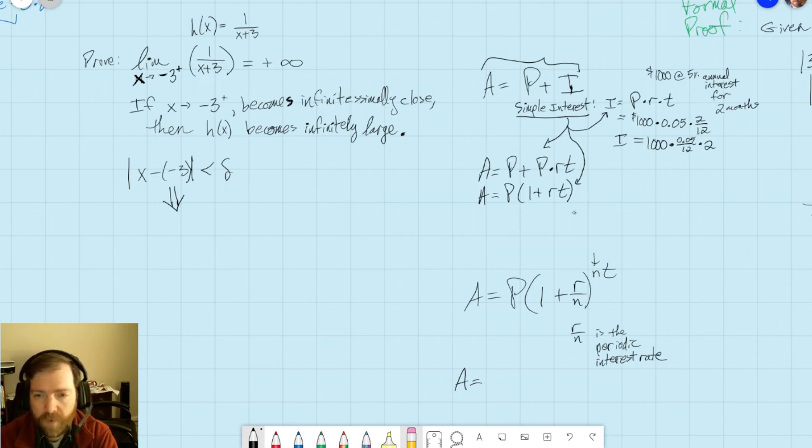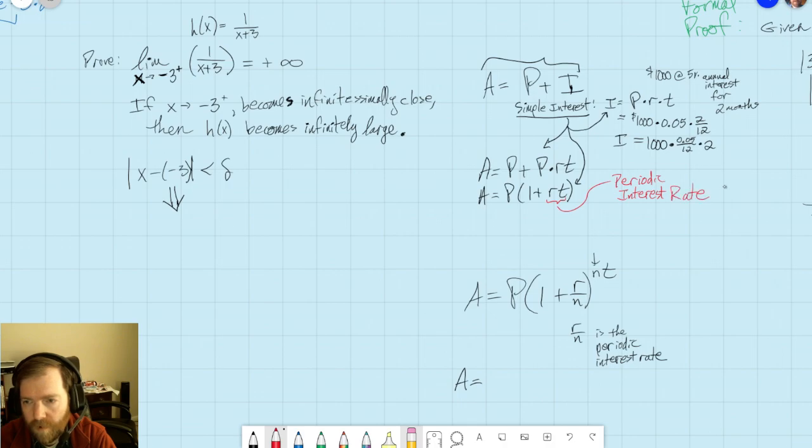Okay, so what we've got is 1 plus RT, which, again, is the periodic interest rate. So R times T will get us the periodic interest rate.